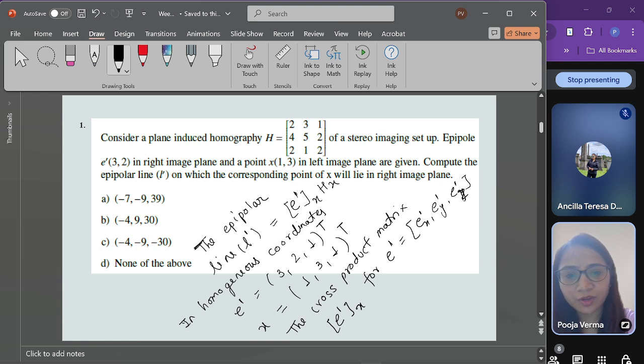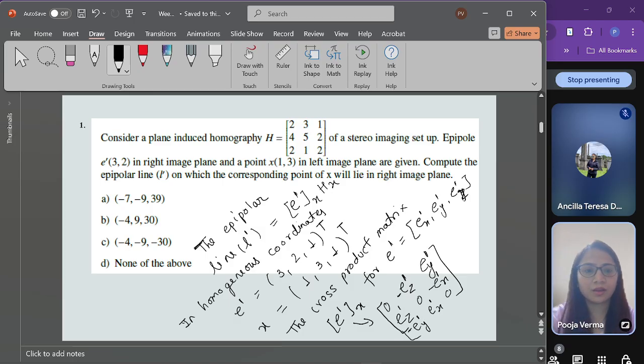If you have gone through the video lecture, you can write it in this form: 0, Ez dash, minus Ey dash; minus Ez dash, 0, Ex dash; Ey dash, minus Ex dash, and 0.